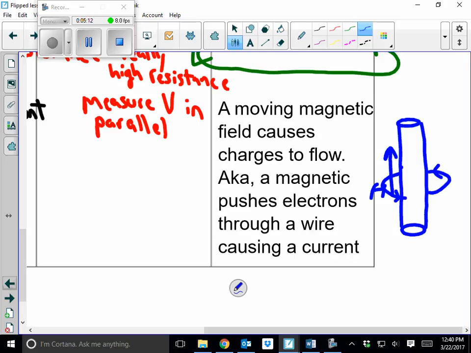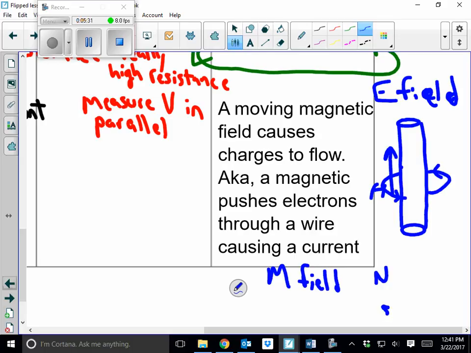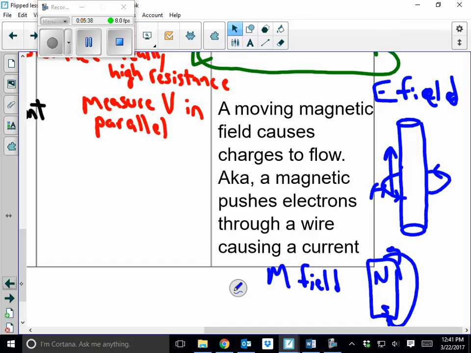Remember, we have an electric field, an E field, that we've talked about before. And now that we have magnets, we have a magnetic field, or an M field. If I have this north-south magnet, I have a magnetic field around it. If I start moving this magnet and I have a copper wire around it, then current will start flowing through the wire, and we'll demonstrate this in class.